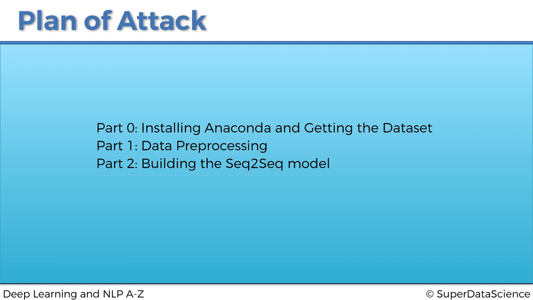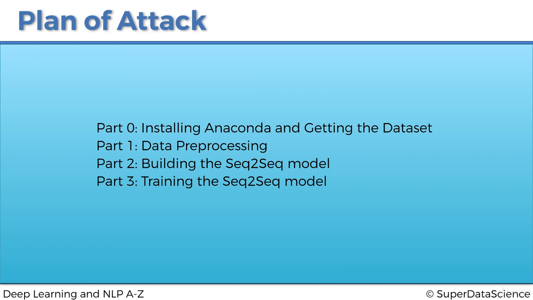And speaking of training, that leads us to part 3. Part 3 will be about training this seq-to-seq model, that is, training the brain that we will have just made in part 2. We will set up a loss function, get the optimizer, and then apply stochastic gradient descent to update the weights of the neurons of the brain so that it improves its ability to talk with us.